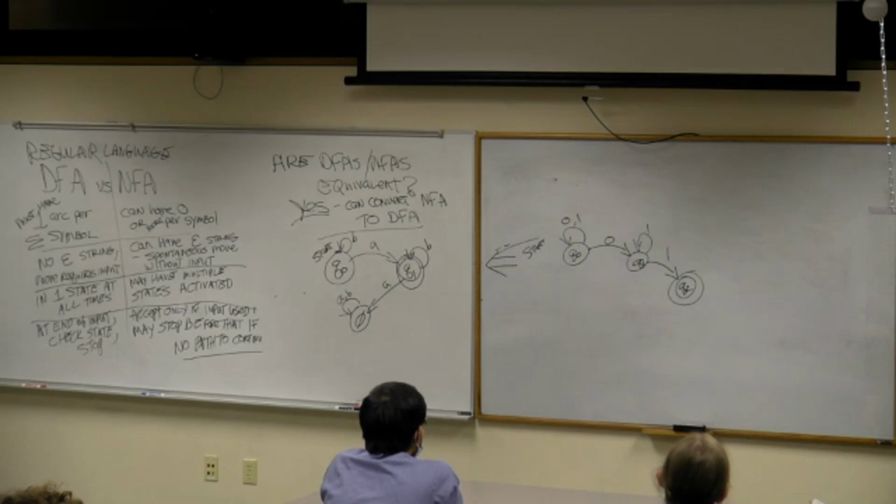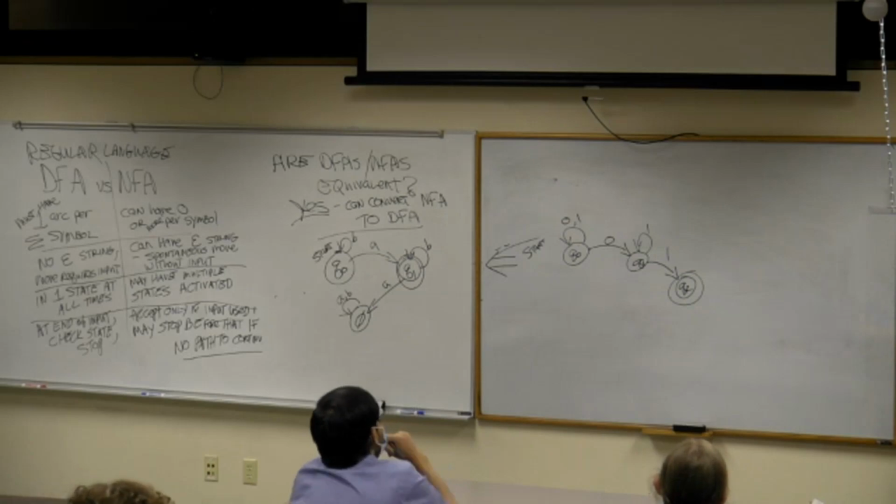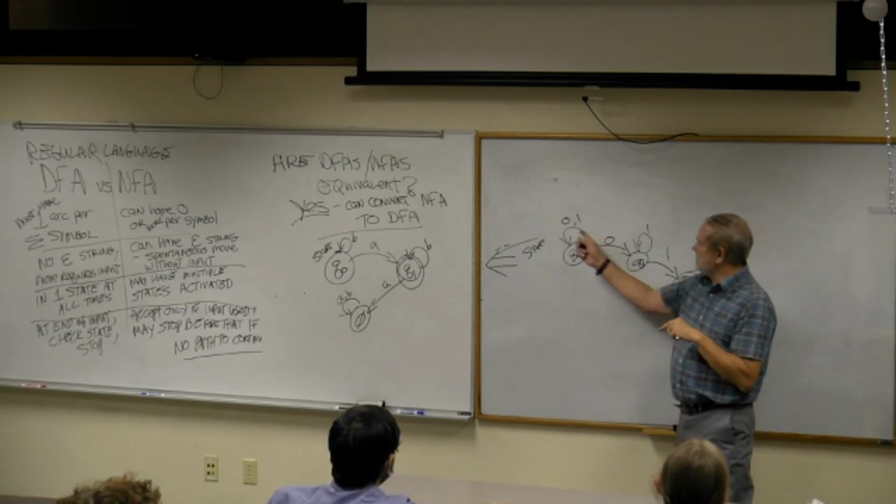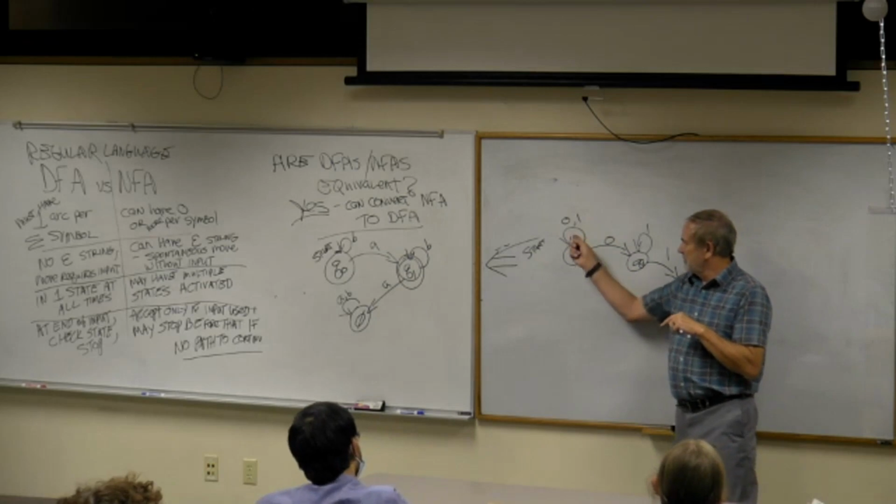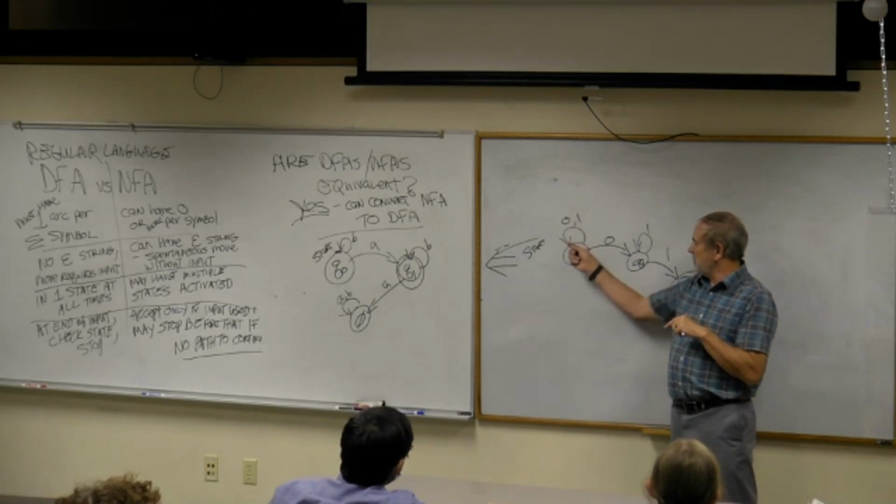Not necessarily. Oh, wait a minute. Yeah, we can do 0s and 1s. Stay here as long as we want, right? And then jump on a 0, at least a 0, and then a series ending in a series of one or more 1s. Okay. Something like that.